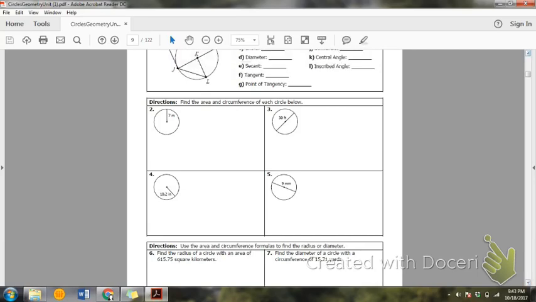Okay? 1 through 7 all. And on number 3 and 4, I want you guys to do the exact circumference and area. So number 3 needs to be exact circumference and area, and also number 4, the exact circumference and area. Okay? All right, 1 through 7 on this page.